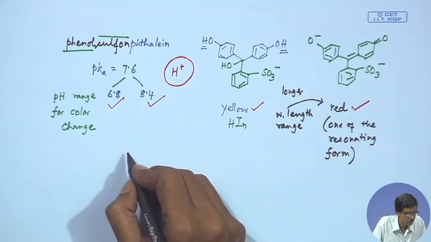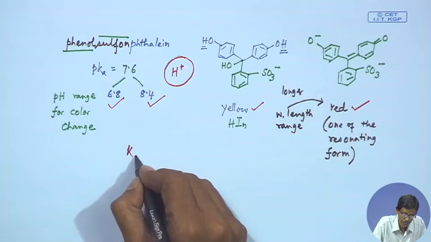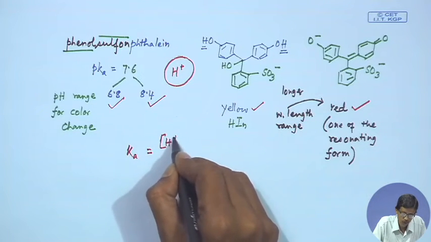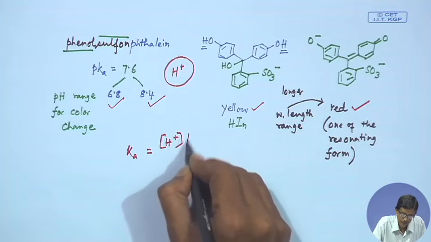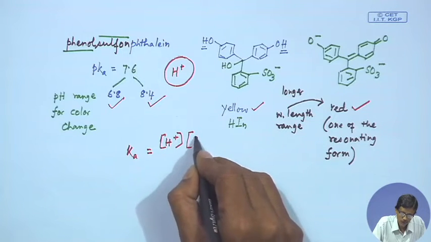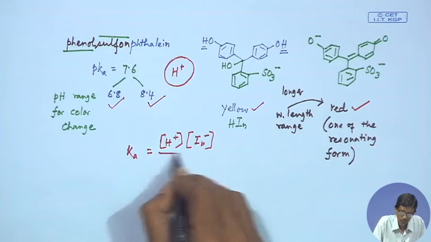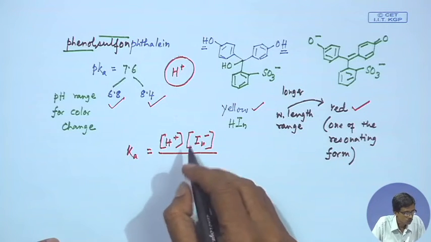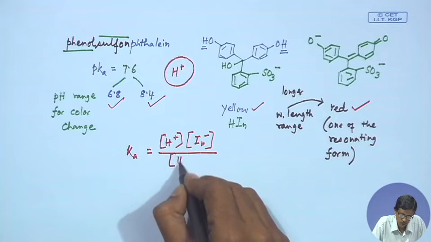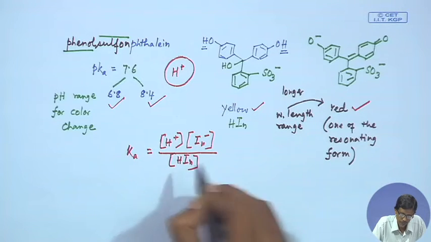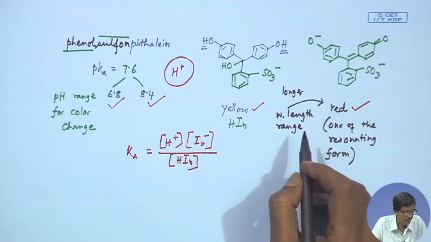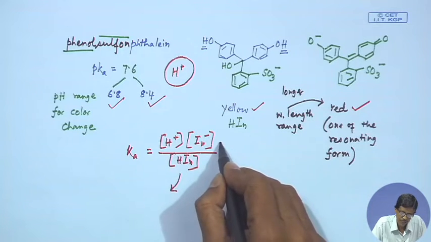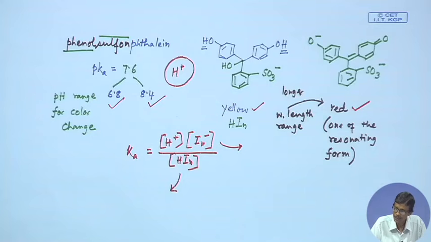So, what we have seen is that if you have a Ka value, which involves your H+ and your In−, this will give rise to your HIn, and that basically gives rise to the corresponding concentration of this and the corresponding concentration of that.